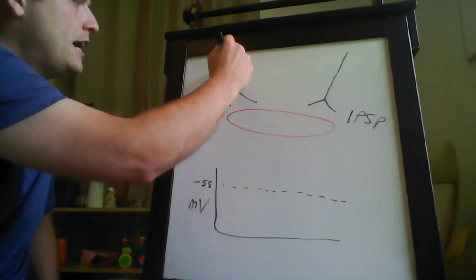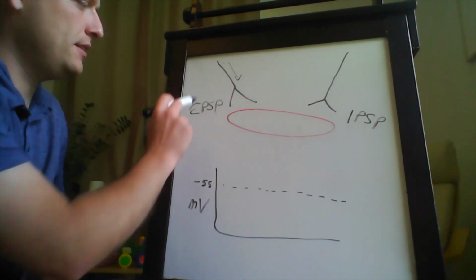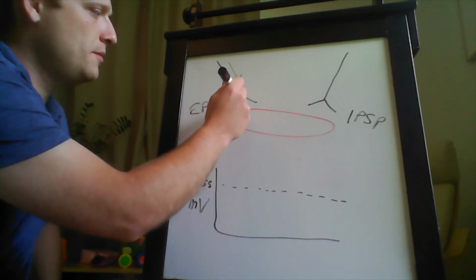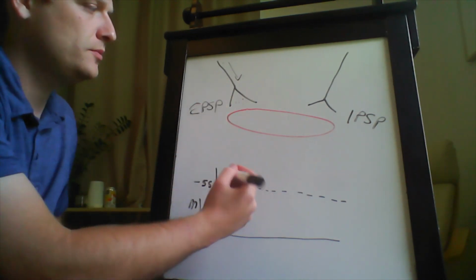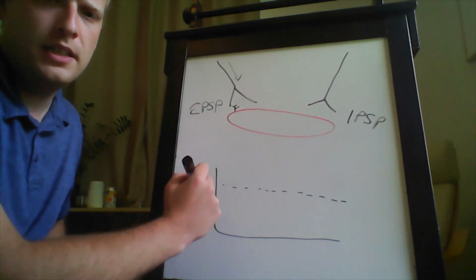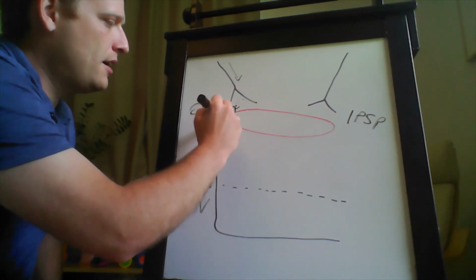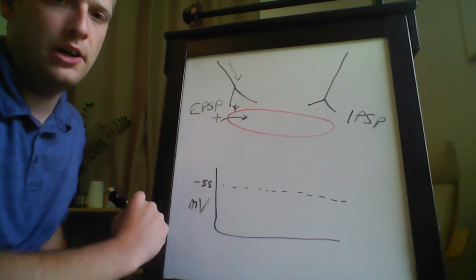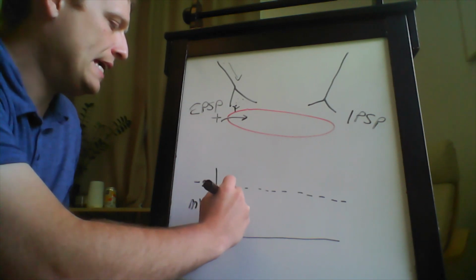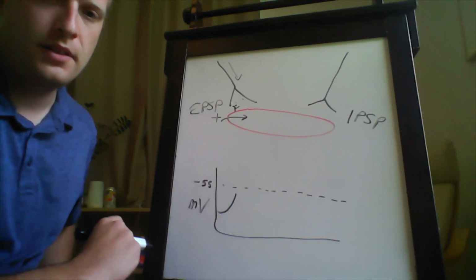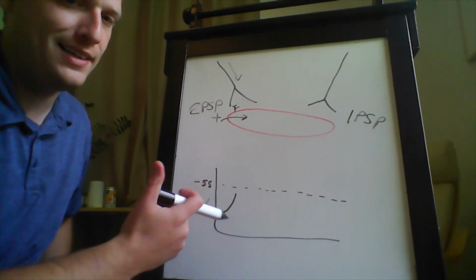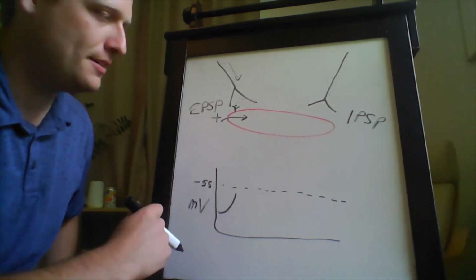So let's say an action potential travels down this excitatory neuron and causes release of some neurotransmitter. That neurotransmitter binds to a receptor, and that receptor allows positive ions to flow into the cell. So that is going to raise the voltage of this cell closer to the threshold where it is going to have an effect.